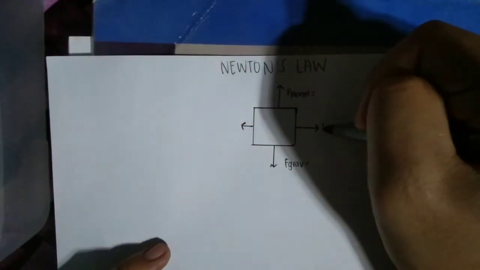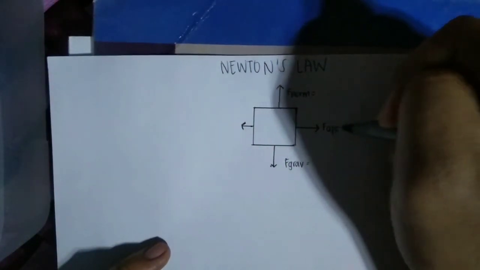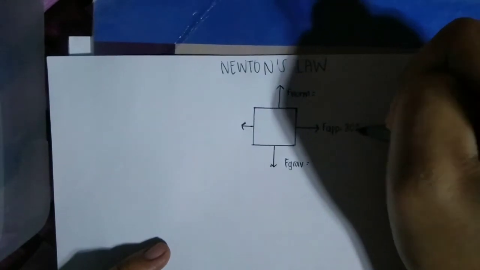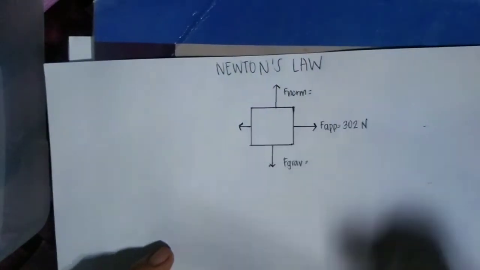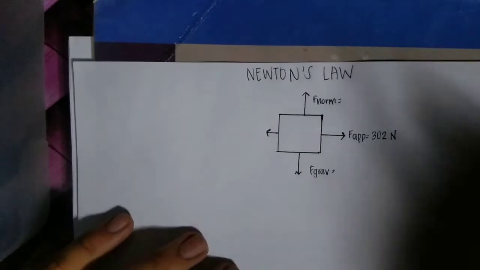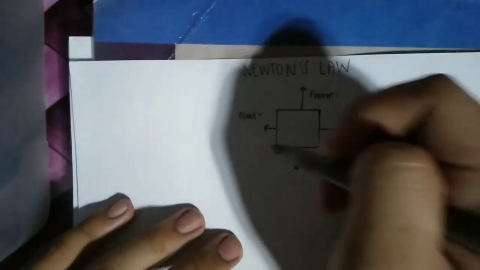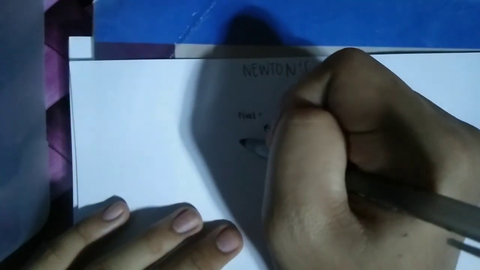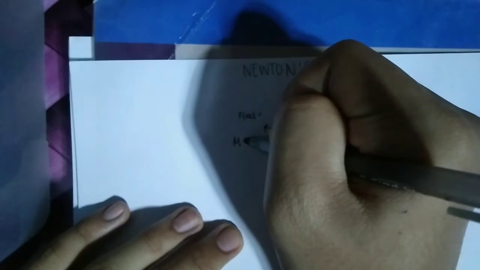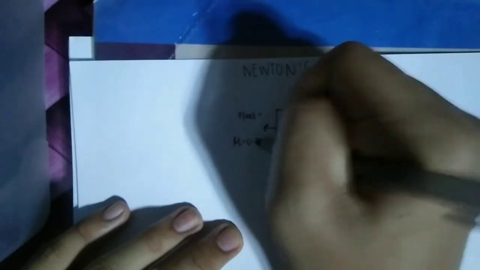Then we have the F app, or the applied force, equal to 302 newtons. Then the F fric is also unknown and it has the coefficient of 0.750.